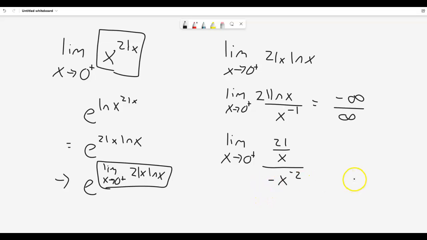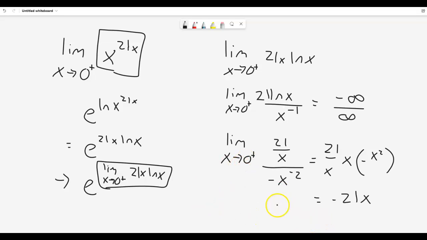Let's rewrite that as 21 over x times the reciprocal, which is negative x squared. That's going to give us negative 21x. Now when we apply the 0 from the right, the limit of that is just going to be 0.